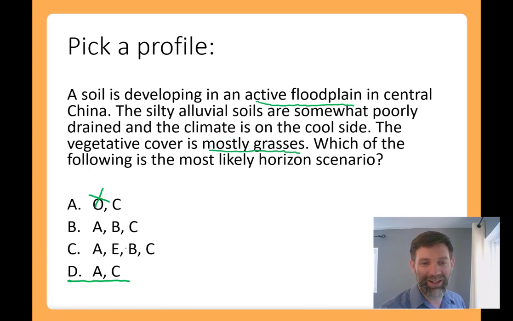And so if we are actively adding material to the soil, we're not a very old soil. This is a soil in the process of being deposited. So probably no B horizons, and definitely no E horizons. That takes a whole lot of time and leaching. And this is a young soil. It's an active floodplain. So D is our best answer on this one.